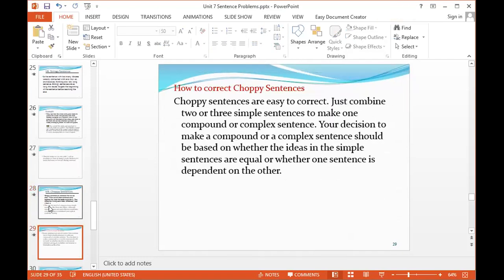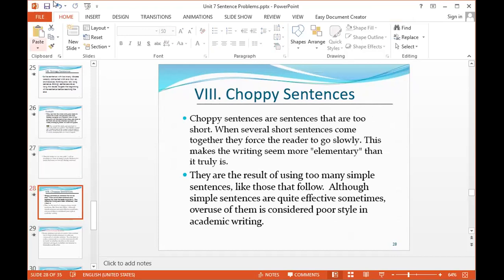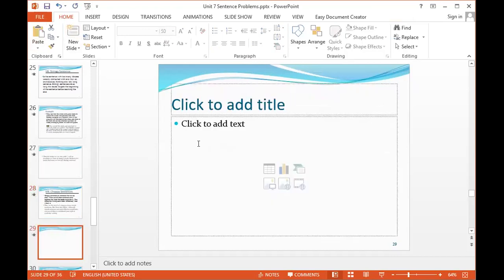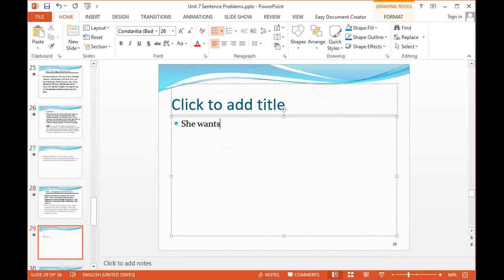Okay. So usually, for example, we just put like this. Example. She wants to be a good daughter. She always studies hard. She does housework.